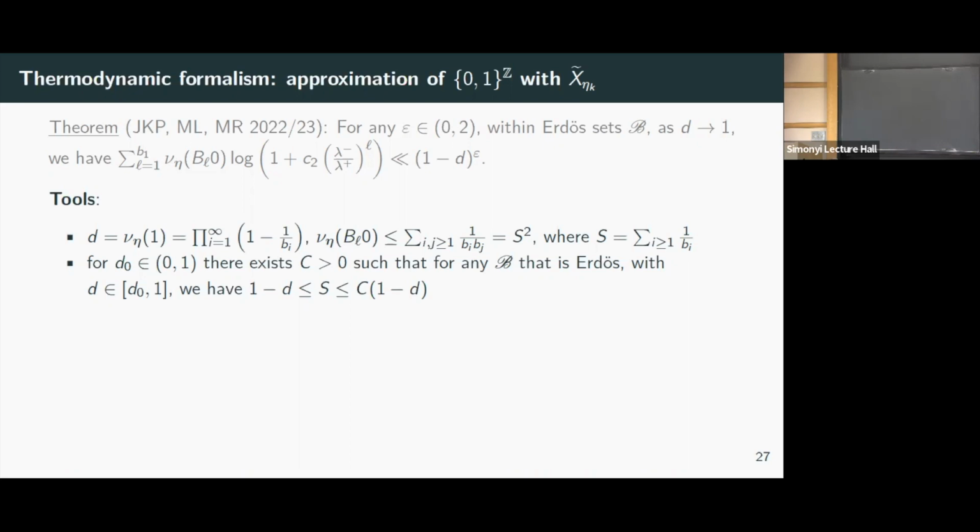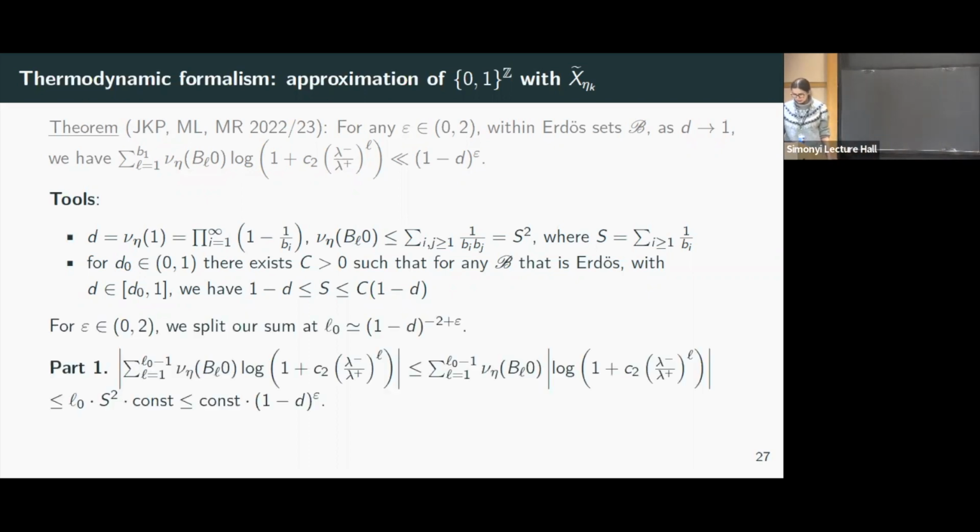It turns out that this is bounded from above by such a sum, equal to S squared, where S is the sum of reciprocals of all b's in your set B. The second thing is that this sum S is morally the same as 1 minus D. Once you know these 2 little things, you can look at this sum and split it into 2 parts. We split it at L0, that is approximately (1 minus D) to the minus 2 plus epsilon.